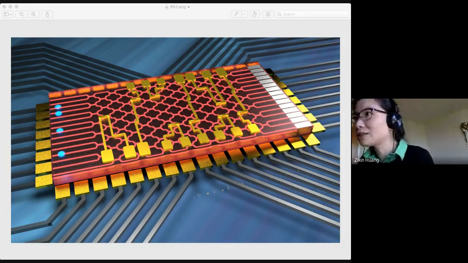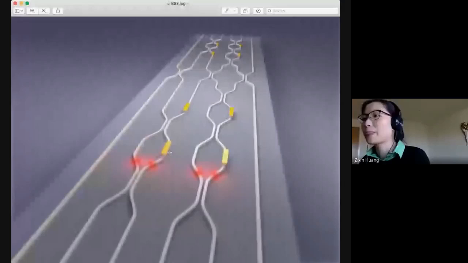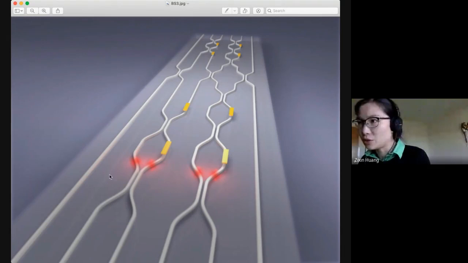Now I'm going to show you a window. So that previous beam splitter can be condensed down to this thing over here, which is called a directional coupler.